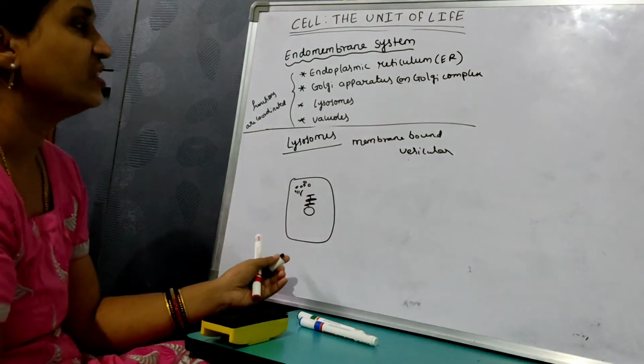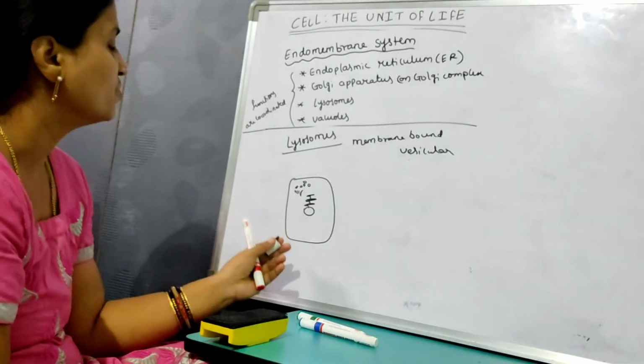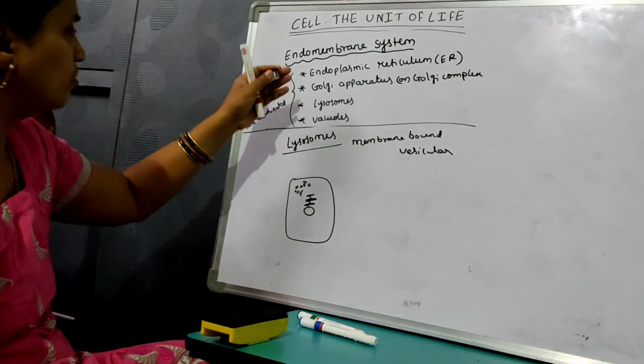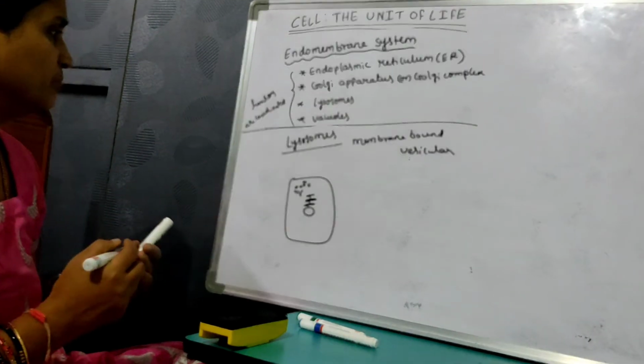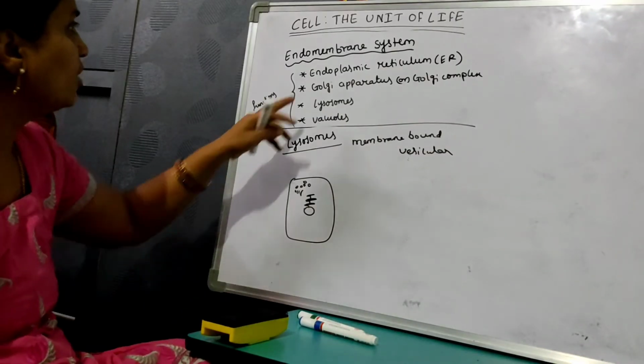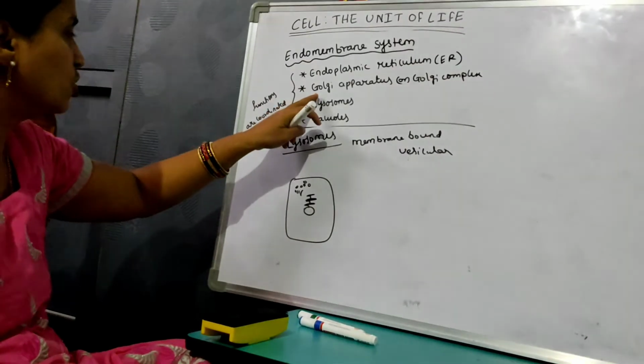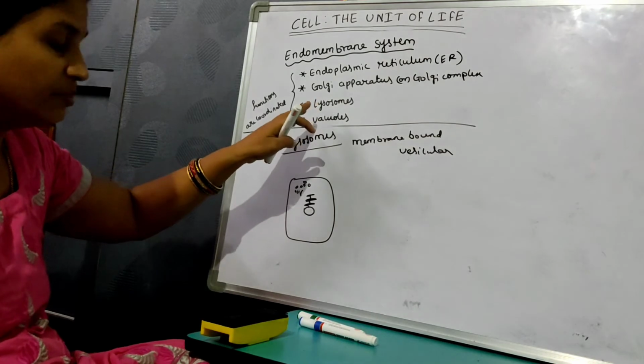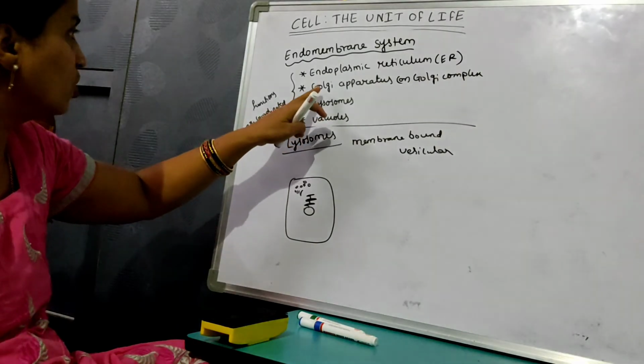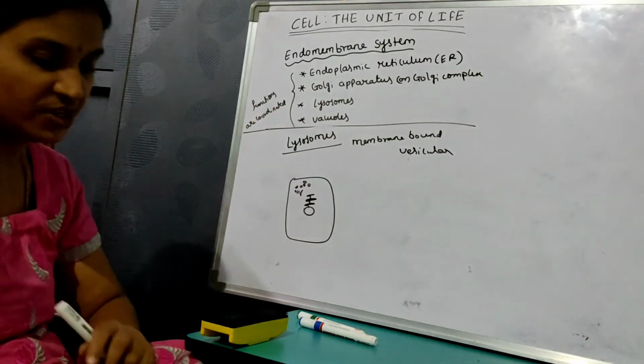Their functions are in coordination. Nearer to the nucleus is the endoplasmic reticulum, rough ER, then smooth ER, then the Golgi complex. By the formation of packaging materials of the Golgi apparatus, the lysosomes are formed.